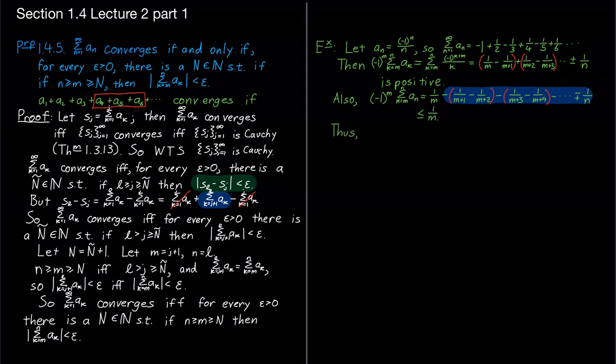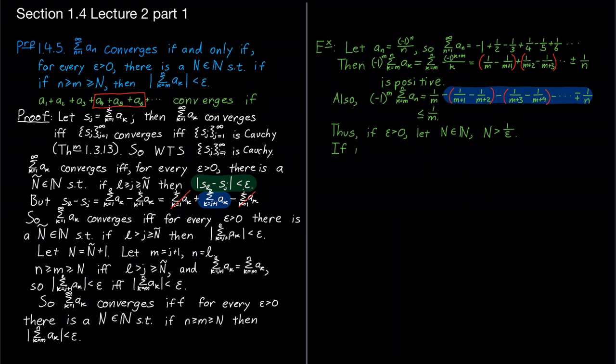Thus, now let's fit this into proposition 1.4.5. If epsilon is greater than 0, let N be a natural number with N bigger than 1 over epsilon, which by the Archimedean principle we can do.